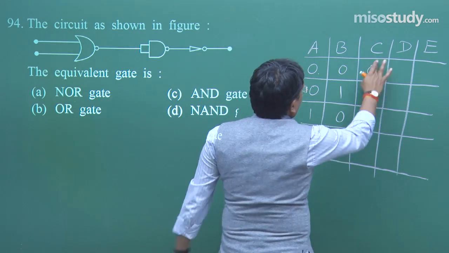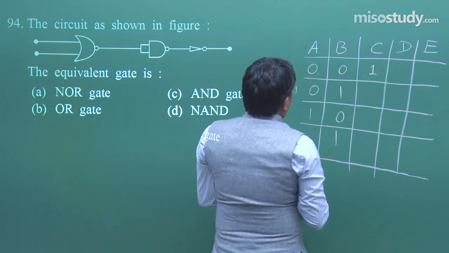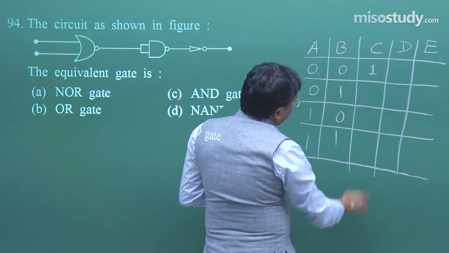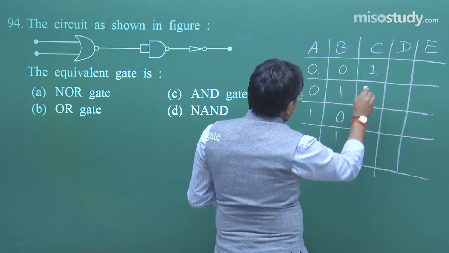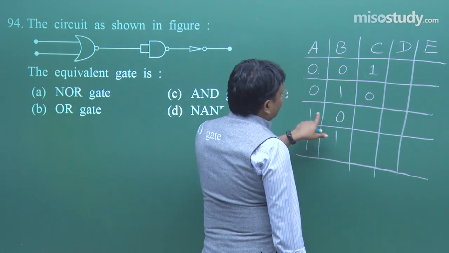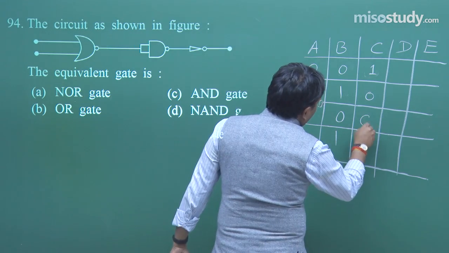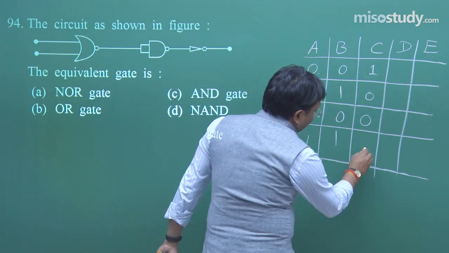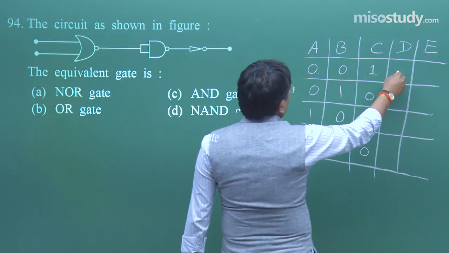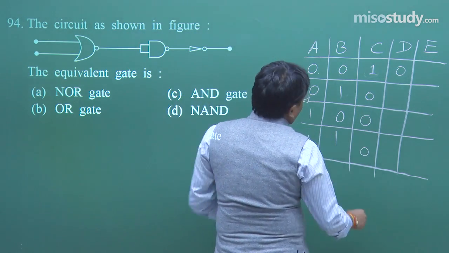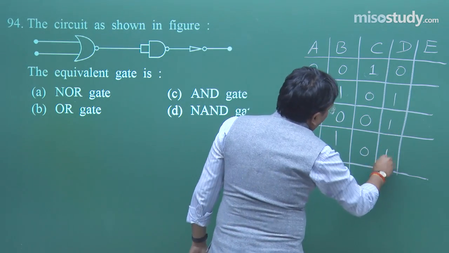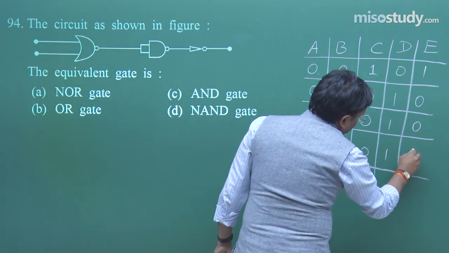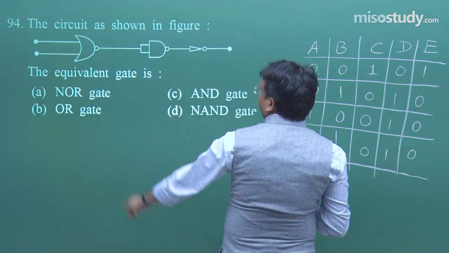Low high will give me high, but negation will give me low. High low will give me high, but negation will give me low. And high high gives high, but negation will give me low. Now the reverse of it, because this is a negation sign, is 1, 1, 1, and the outcome is 1, 0, 0, 0. So the correct option is a NOR gate.